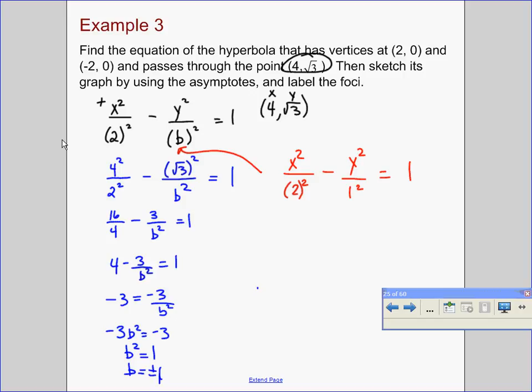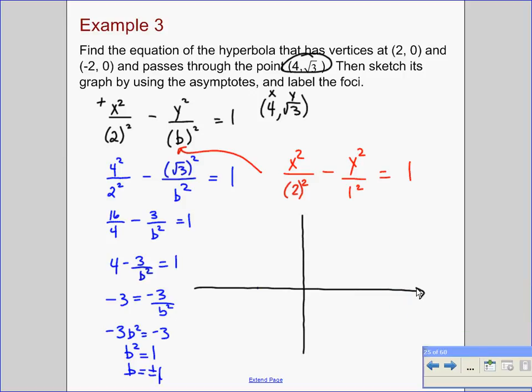And now the next thing is to sketch the graph and label the asymptotes. So as I mentioned earlier, when I sketch the graph, I just start out and then I go through and label as I need to. What we know about this one is that it's going to open left and right because our x squared is positive. So let's go ahead and sketch our asymptotes, and then vertices, and sketch our graph.